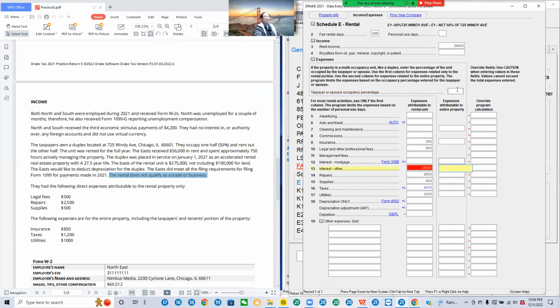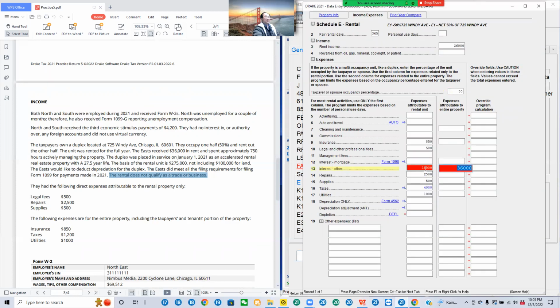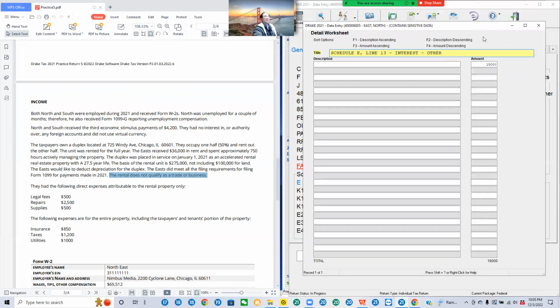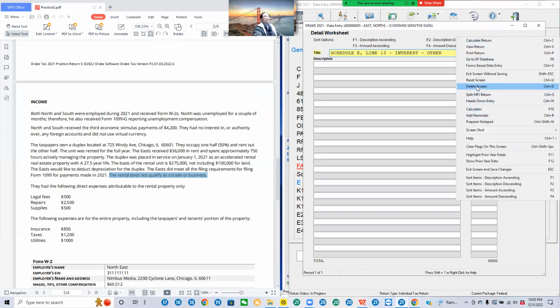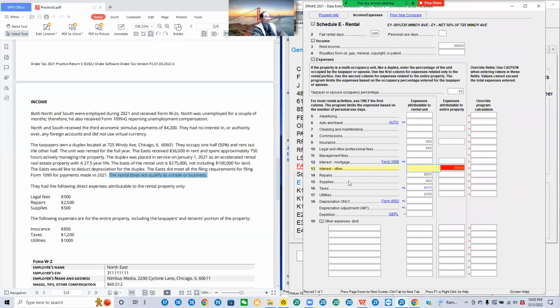Here you put the 50%, and here you put the full amount, and you achieve the same, but you're going to delete this number. And the property tax, you put in, let's say the whole house is 8,000.